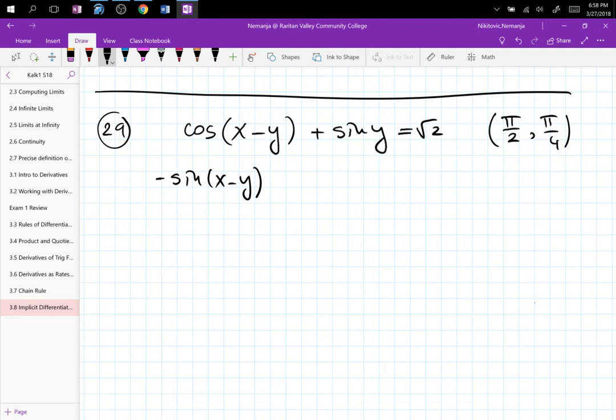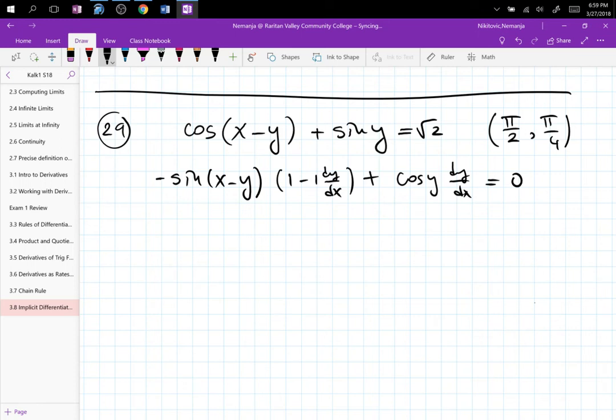So times the derivative of the inside. The derivative of the inside is: derivative of x is 1. The derivative of negative y is negative 1 dy/dx. Plus the derivative of sine y is cosine y dy/dx. And then the derivative of the square root of 2 is just 0.